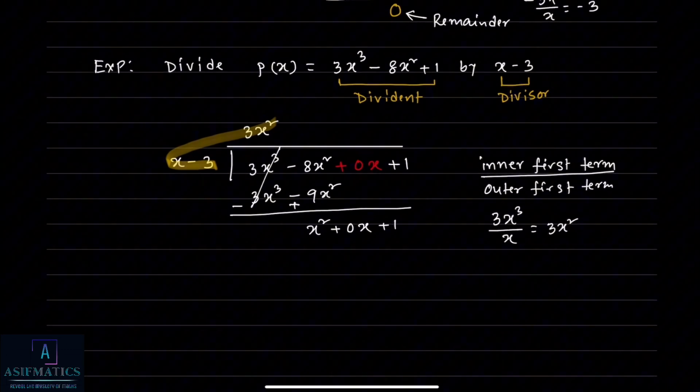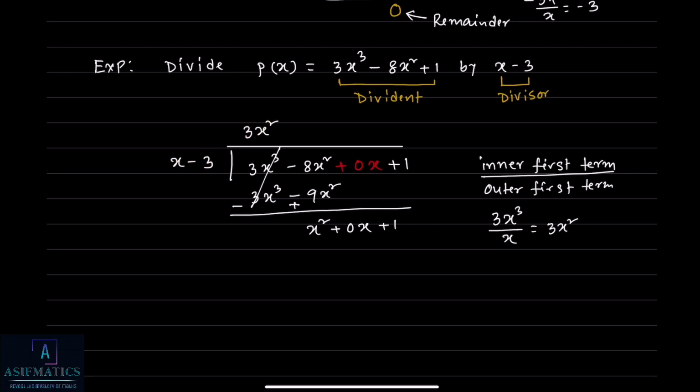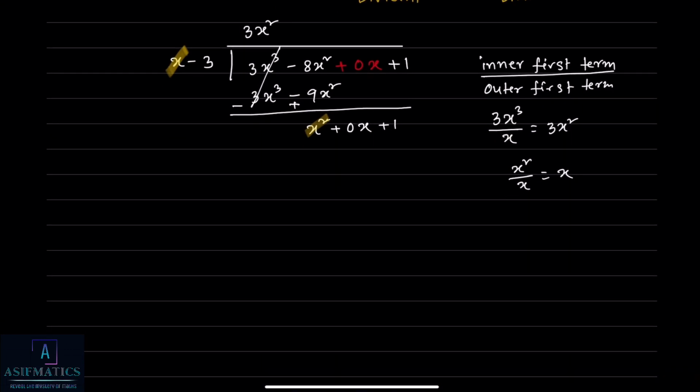Now for the second quotient, we need to write again the inner first term x square and the outer first term is x. So we divide x square by x, which is x. Then we write our second quotient plus x here.